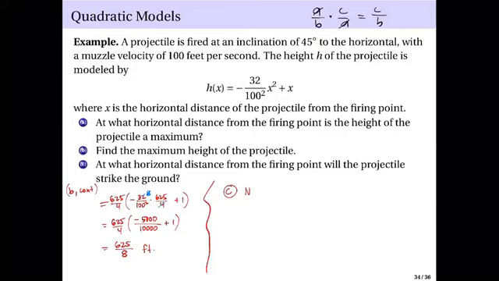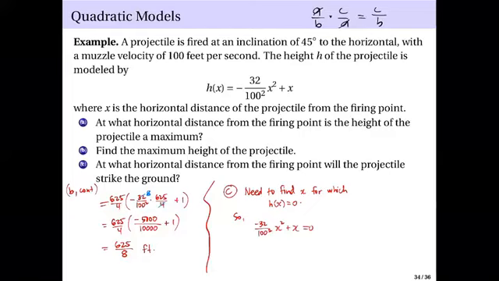So we need to find x for which h of x equals 0. So h of x is this guy here, negative 32 over 100 squared x squared plus x, this is equal to 0.